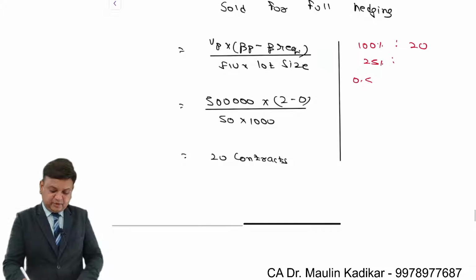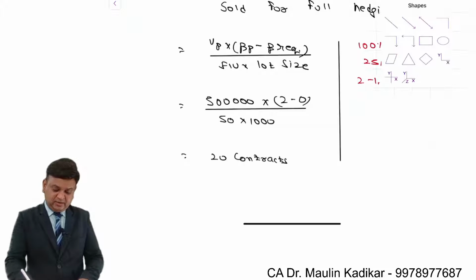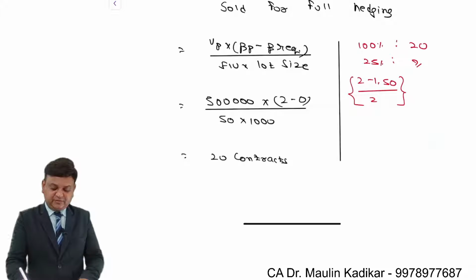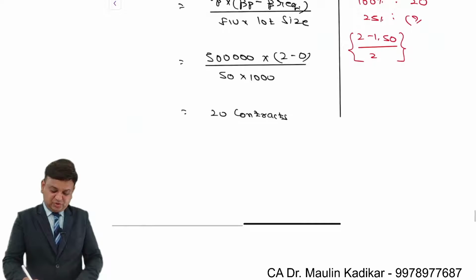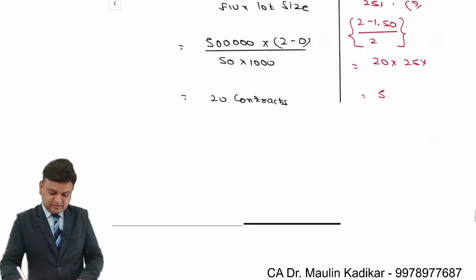Because 0.5 is the reduction which you require, 2 minus 1.5. So 0.5 is the reduction required from 2. So for 25% hedging, this is the number of contracts to be sold: 20 into 25%. And the answer comes to 5 contracts.